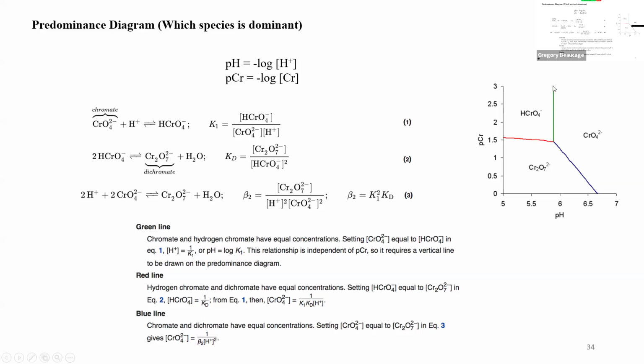So across this, they aren't really phase lines, but predominance lines. Hydrogen chromate predominates here, chromate predominates there. And then the same for the others. You can figure out basically what the acidity and these compositions are, and you can map out these lines where you have the predominant ion in the system. That's called a predominance diagram.